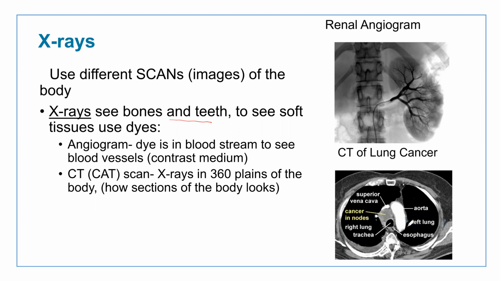Right, so X-ray is used in angiogram to see soft tissues, and in CT scan you can also see the soft tissues in planes, and plus you can use X-ray to see bones and teeth. Okay, so that was X-ray.